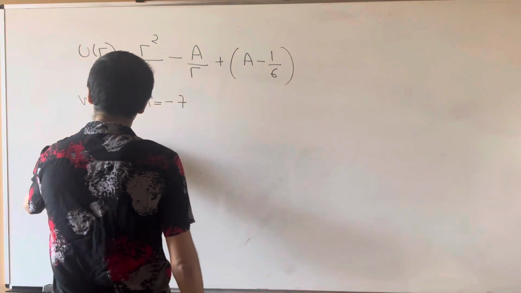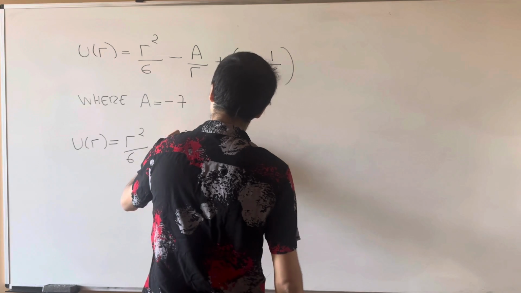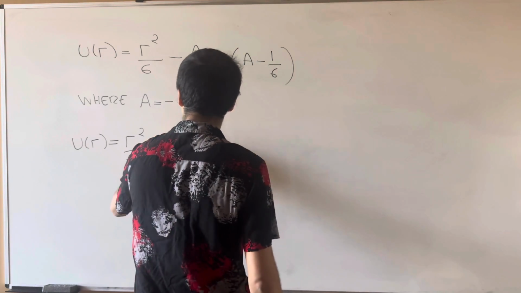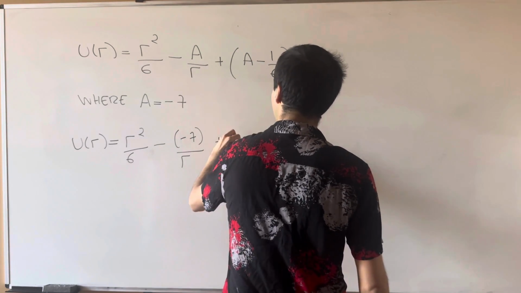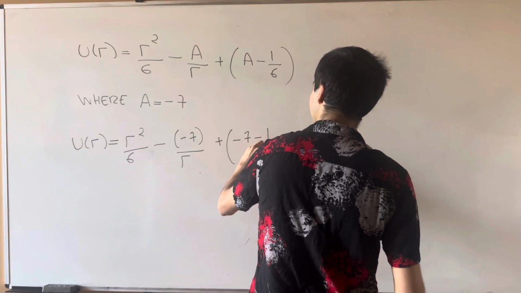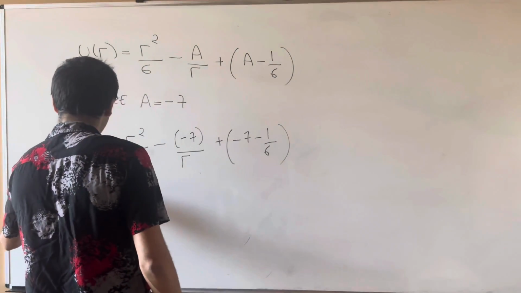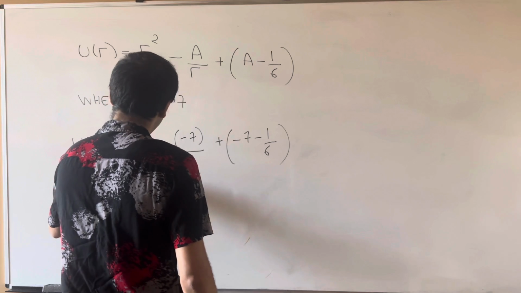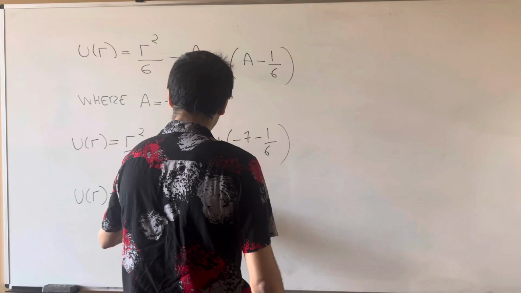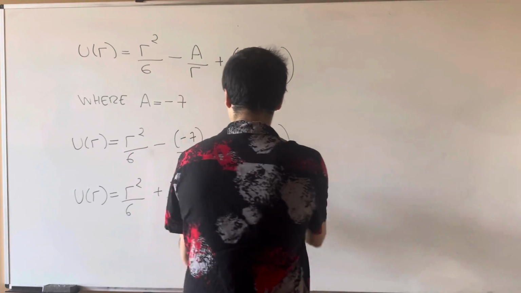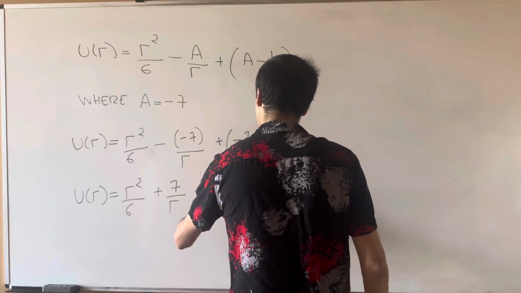So u of r was r squared over 6, and then minus 7 over r, and then plus minus 7 minus 1/6. And in particular, u of r now becomes r squared over 6, and then plus 7 over r, and then so minus 42/6 minus 1/6, so minus 43 over 6.